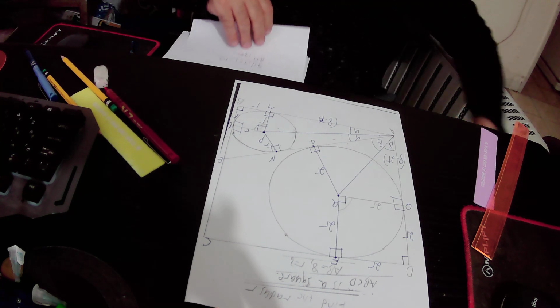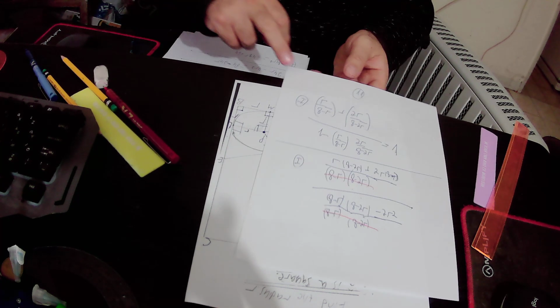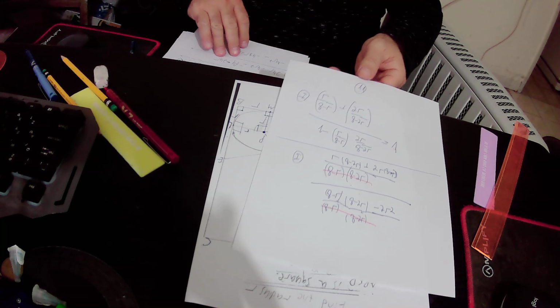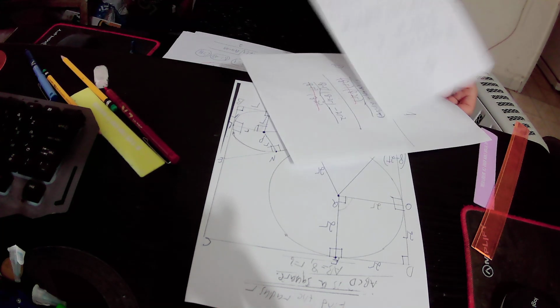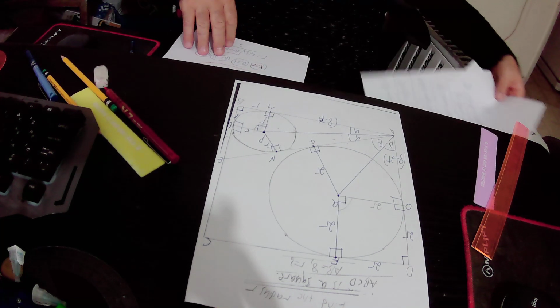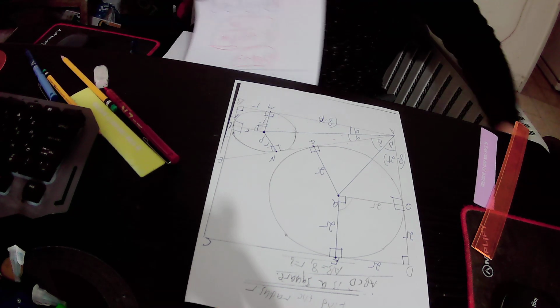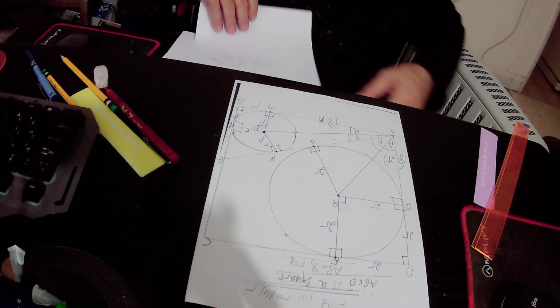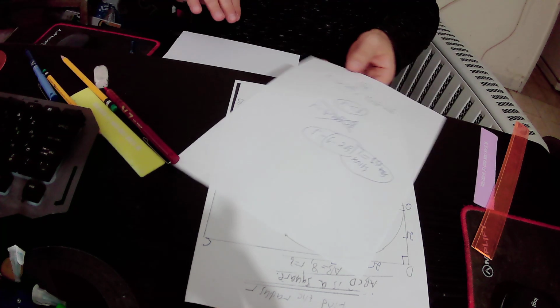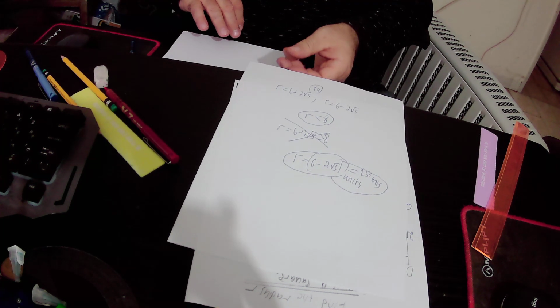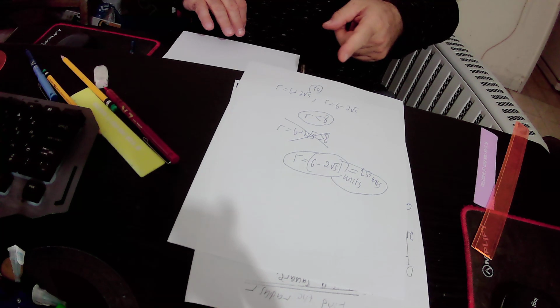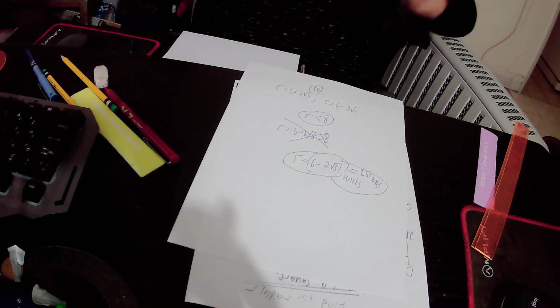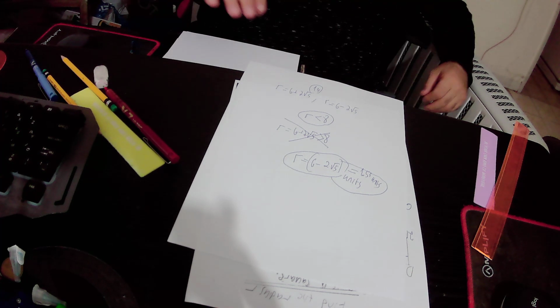After we substituted them in equation number 1, we solved this equation and got a quadratic equation with two solutions. The first solution was that the radius of the small circle equals 6 plus 2 times root 5, and the second solution was that the radius of the small circle equals 6 minus 2 times root 5.